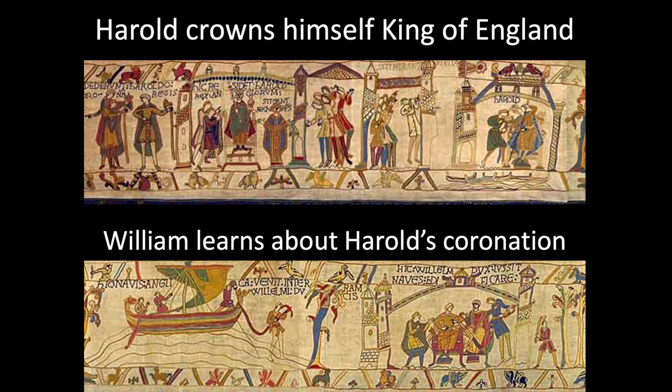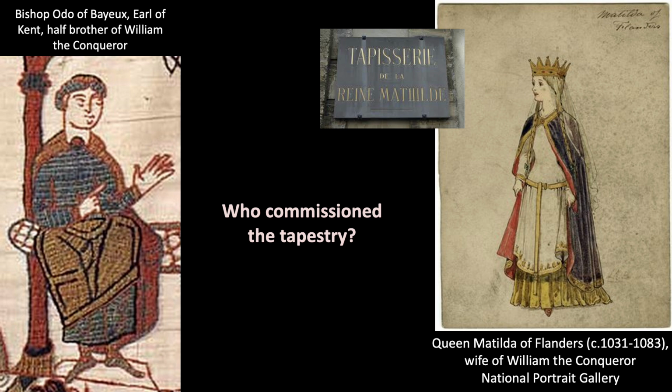It's lovely how we see some portraiture, if you will. We see people that we know existed being depicted. Harold crowning himself King of England, for instance, and William the Conqueror when he learns about Harold's coronation, all very vividly depicted in this tapestry.